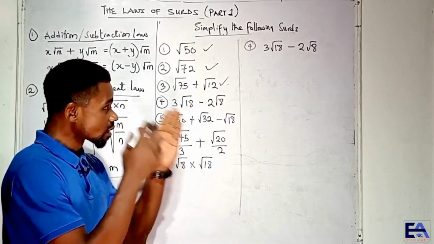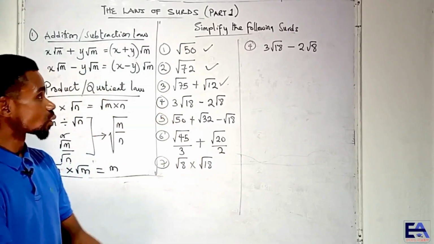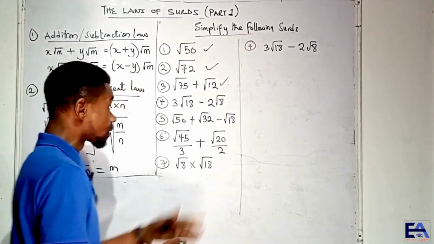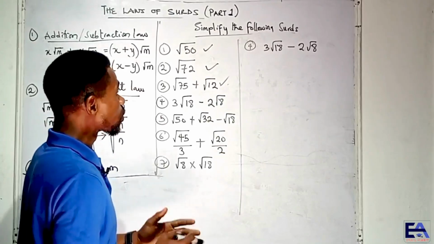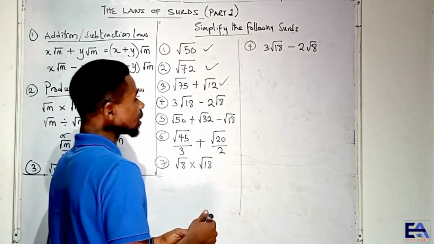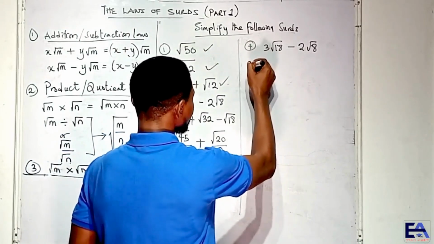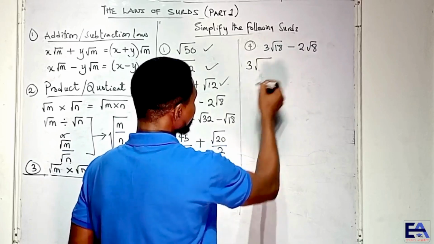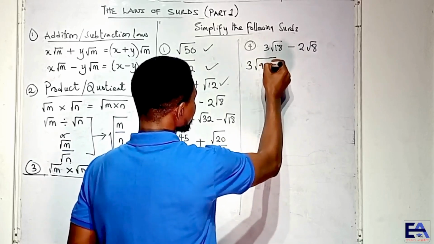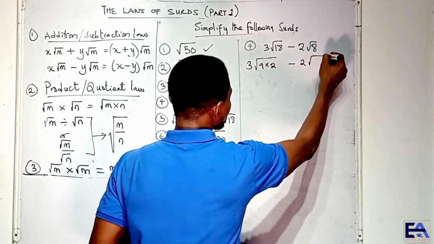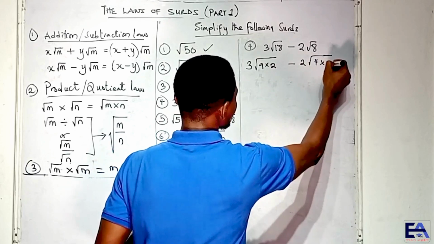We have, all right, so in this question precisely, that's 3 root 18 minus 2 root 8. This one is quite easier, in the sense that 18 can simply be broken down into 9 times 2, while this one can easily be broken down into 4 times 2.